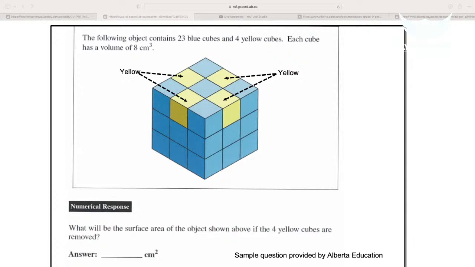Now when we remove one, we will have additional faces open along this edge, this edge, this edge, and this edge. So we have 4.